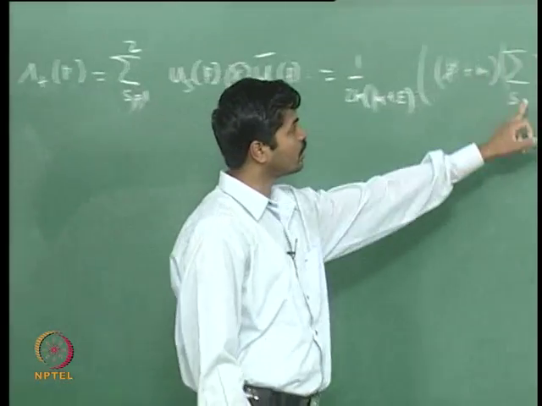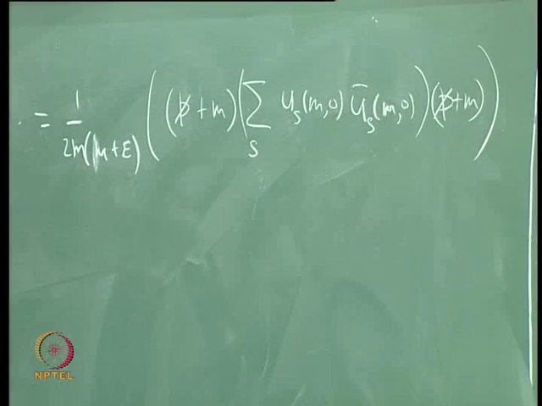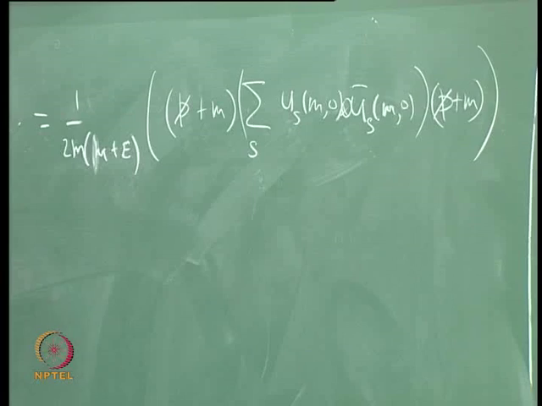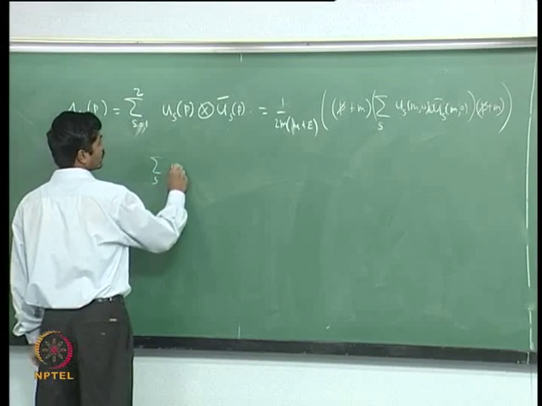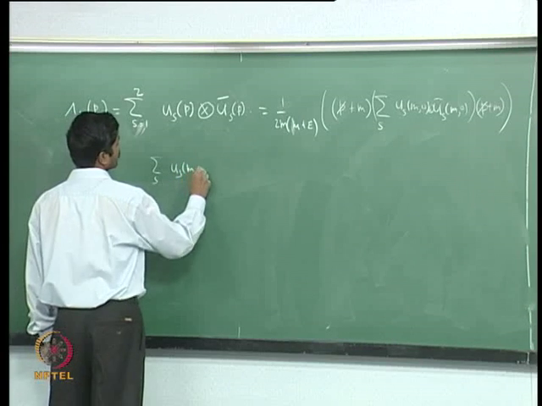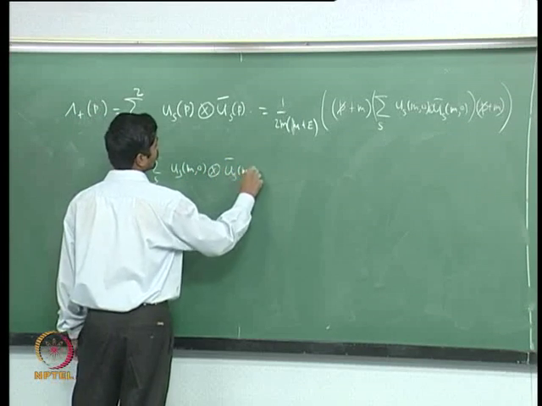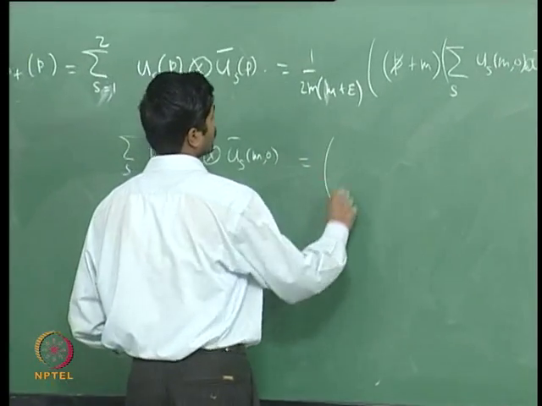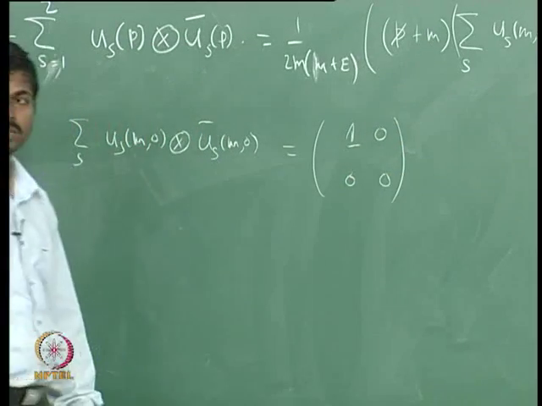Now, what is this quantity here? Again, I can use the definition that I have introduced, and it turns out that the sum over s of u_s(m, 0) u-bar_s(m, 0) is nothing but this.